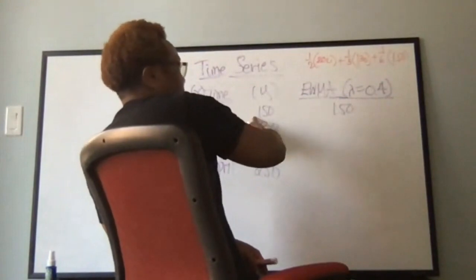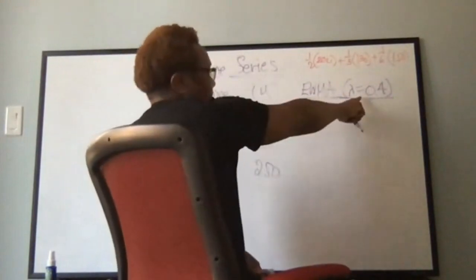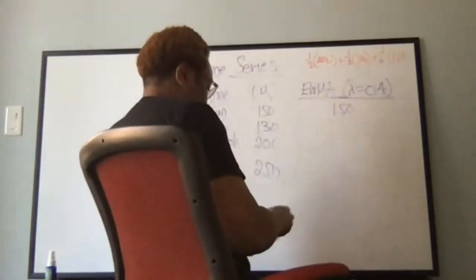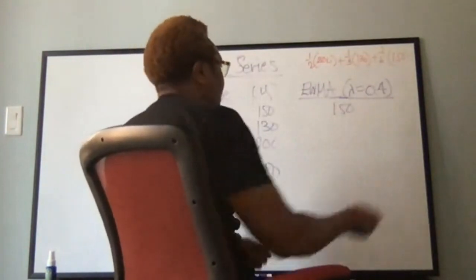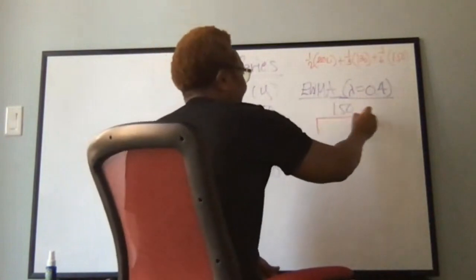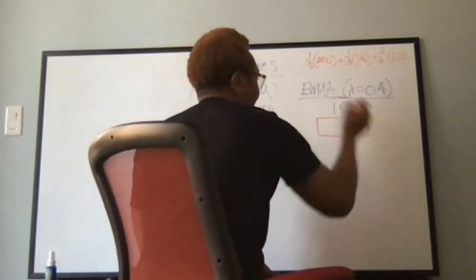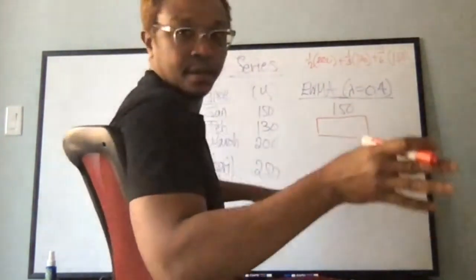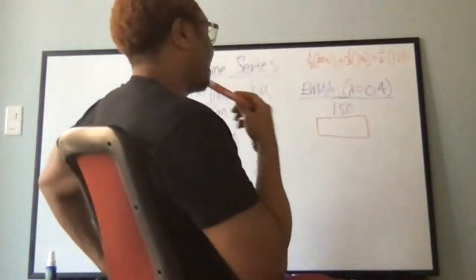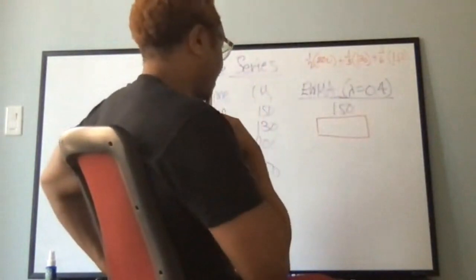Very good. Now I have to give you what lambda is in the problem. So if I'm smoothing, everybody write down the equation that would give me that answer. You don't have to solve it. Just write down the equation that you would use to get that answer.